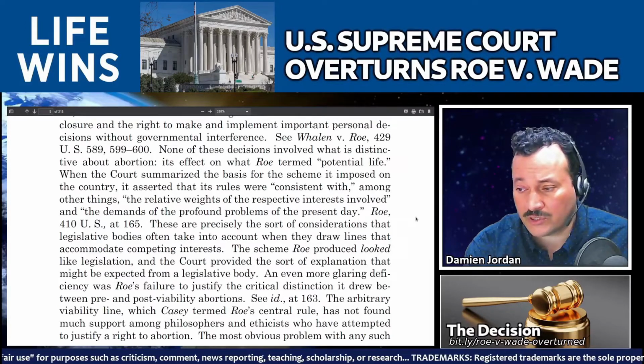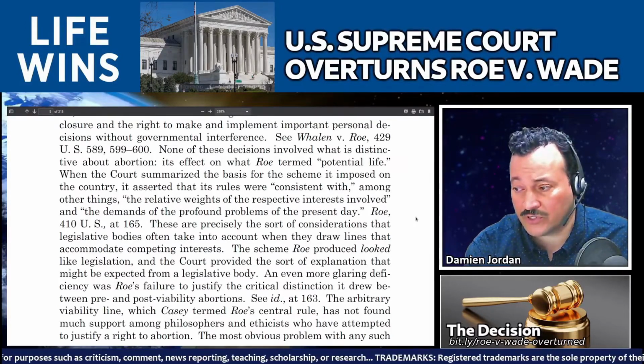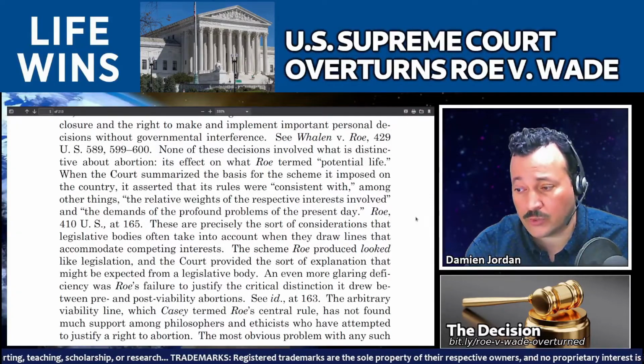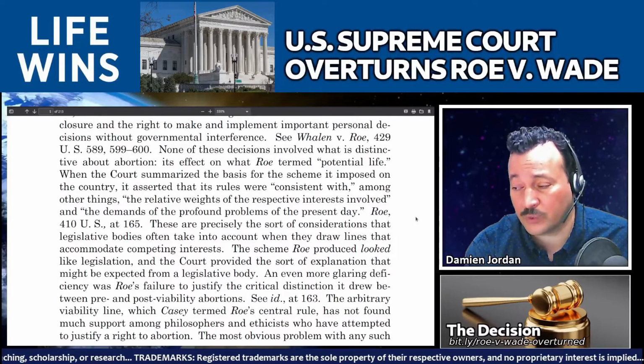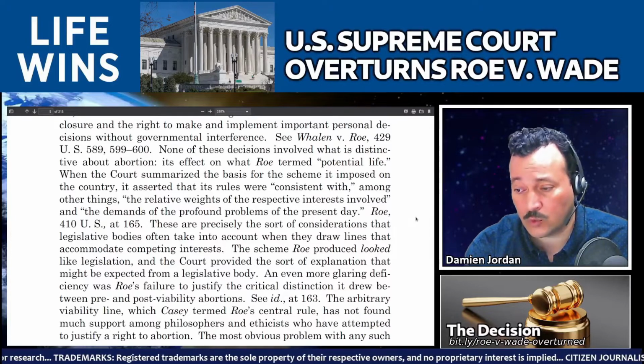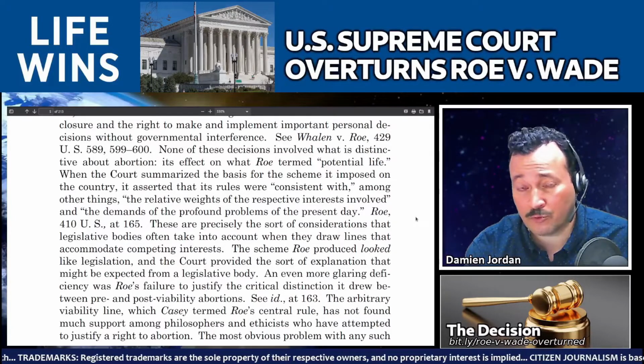When the court summarized the basis for the scheme it imposed on the country, it asserted that its rules were, quote, consistent with, among other things, quote, the relative weights of the respective interests involved, and, quote, the demands of the profound problems of the present day.